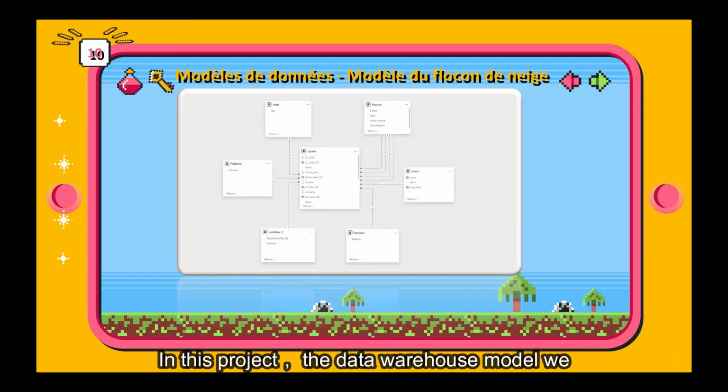In this project, the data warehouse model we use is star schema.